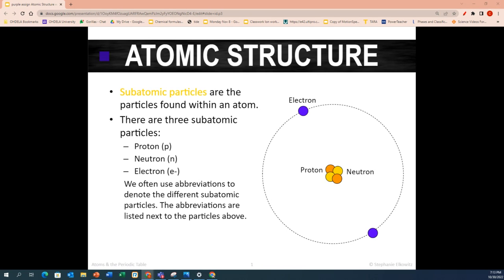And the protons and the electrons are attracted to each other, because negative is drawn to positive.